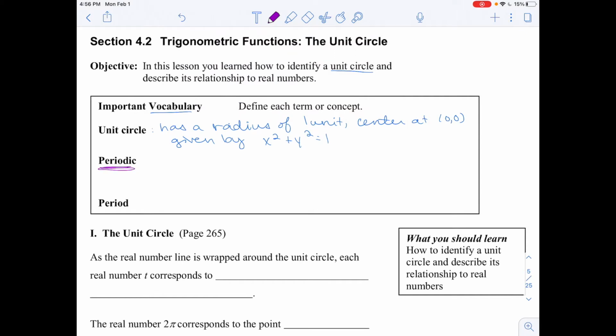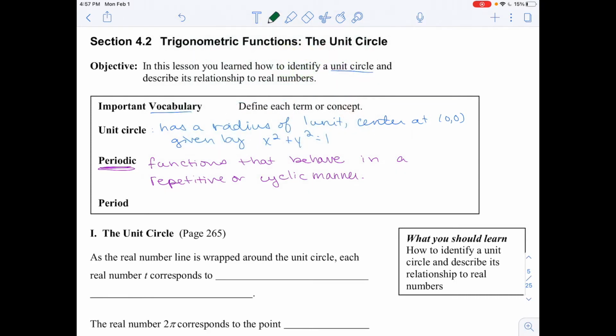The word periodic refers to functions that behave in a repetitive or cyclic manner. That basically means that over time it repeats itself somehow.